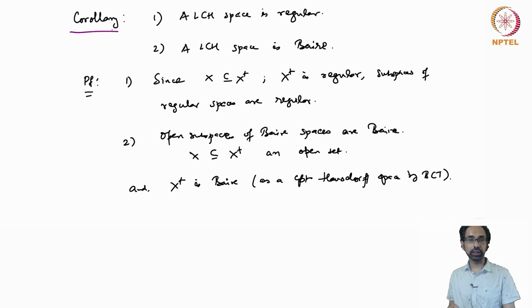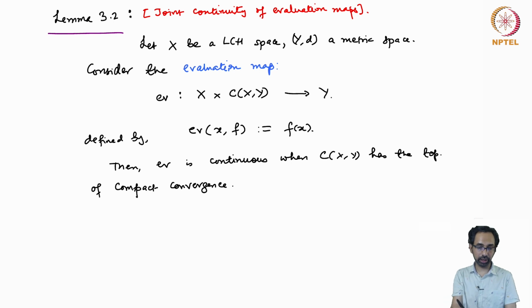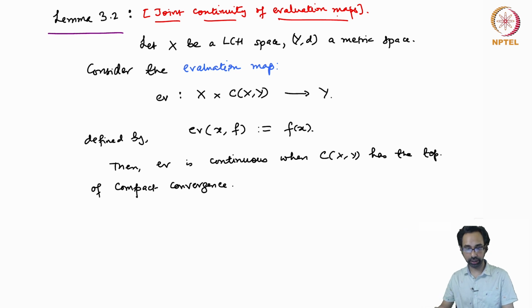And now let's prove a lemma which will be used in the proof of the Arzelà-Ascoli theorem for locally compact Hausdorff spaces. This lemma is about the joint continuity of the evaluation maps. For this we consider X to be a locally compact Hausdorff space, Y a metric space, and the so-called evaluation maps.